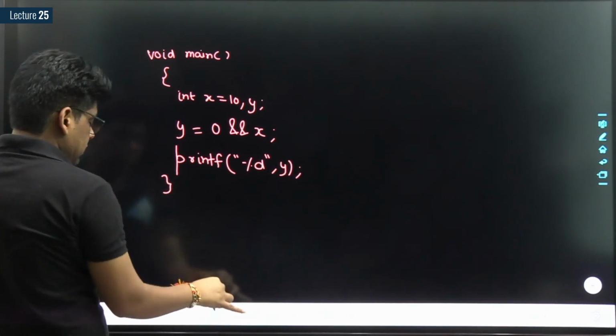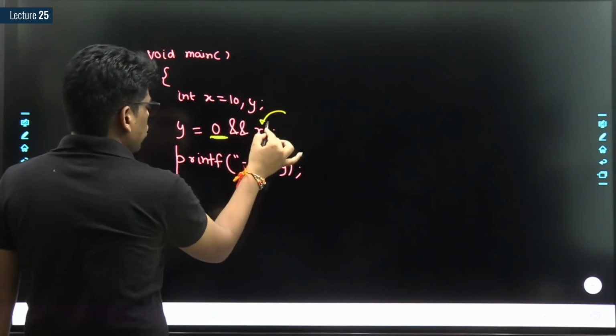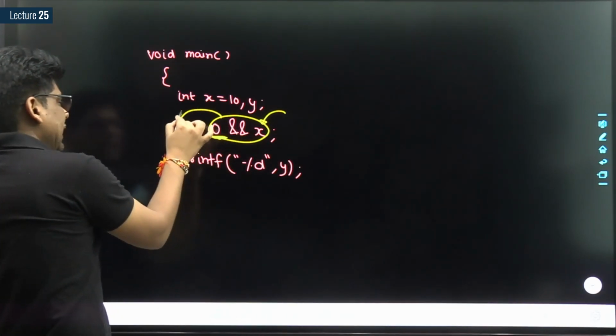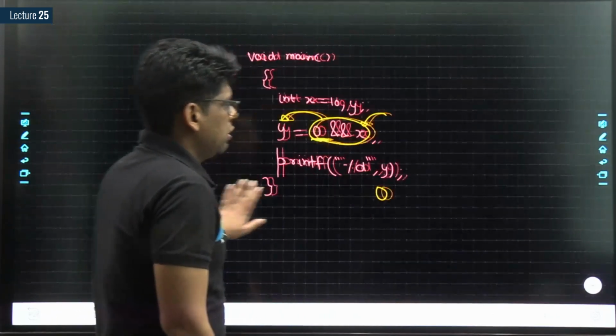Sir, what will happen? See, sir, if the first operand is 0, the compiler will never go to this operation and the result will be 0. 0 and something is 0, and that is the value that gets associated with y. No issue at all.